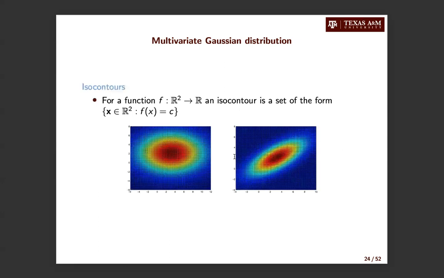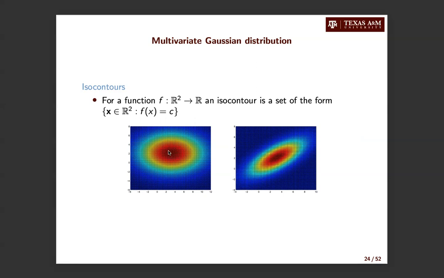So a way to better visualize the spread of the multivariate Gaussian distribution is what we call an isocontour. Especially in this case where we have a two-dimensional Gaussian distribution, the isocontour reflects how the percentage of samples are distributed in each area of this two-dimensional space. So again, imagine that the x and y axes represent the two variables of the Gaussian distribution, and here the color coding represents the percentage of samples that can be found at each x and y coordinate.